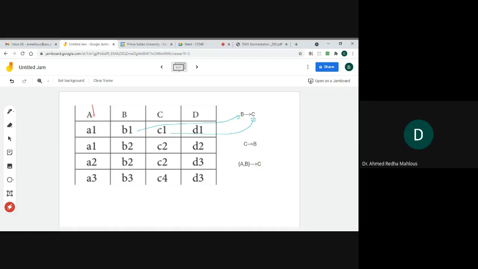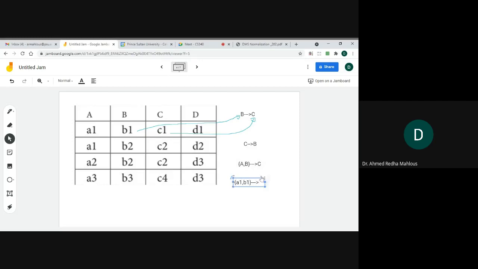We said that the combination of A, B will give me C. Now, if we pick up the combination, for instance, the first example, let's say A1 with B1, which I am picking up, in my table, what does it give me in C?